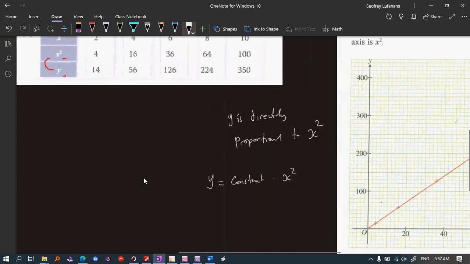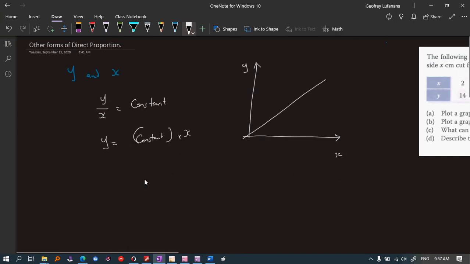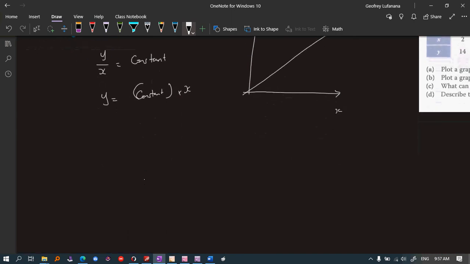Now, we do have other forms of direct proportionality such that one variable, for example, in this case where we have y, let's say y equals 2x squared.